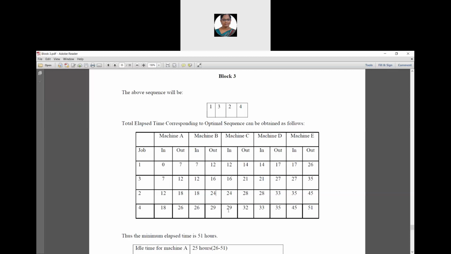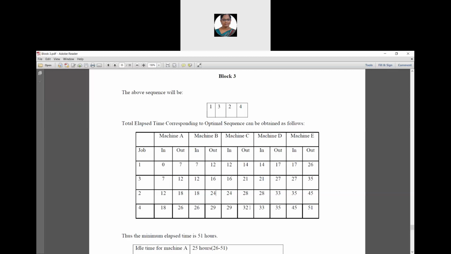It is 29. Then out value is addition of in value 29 plus processing time for the fourth job in machine C. It is 3. So 29 plus 3 is 32.